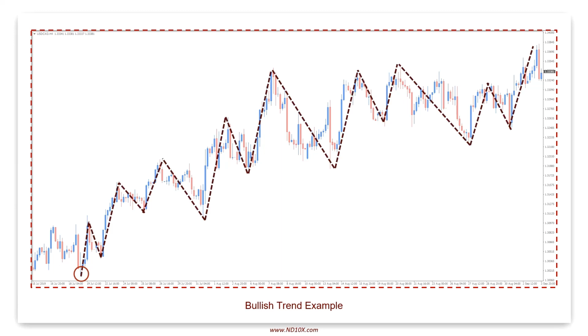From that point, even though it looks a little bit choppy, overall we see more higher highs and higher lows being made compared to seeing more lower lows or lower highs. So the overall direction of the dollar CAD on the 4-hour chart is more or less bullish. So we can say we are in an uptrend again.